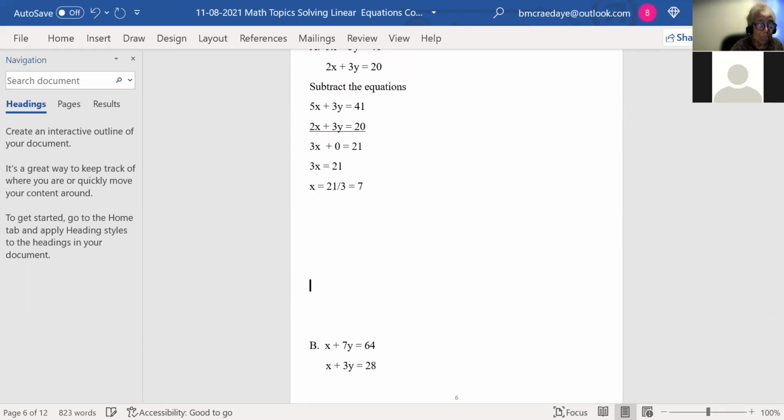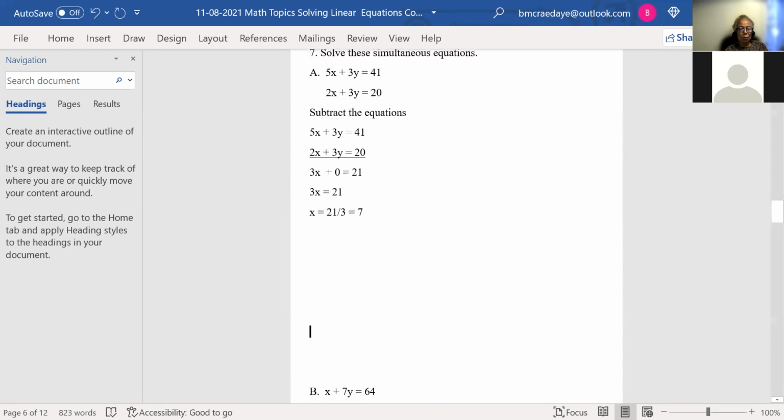Which equation are you going to use, Maureen? Doesn't matter. You can use equation 1 or equation 2. I can use 1. You're going to use 5x plus 3y equals 41. This one? Yeah. Okay, so let's take this equation. Copy it. Substitute 7 for x.